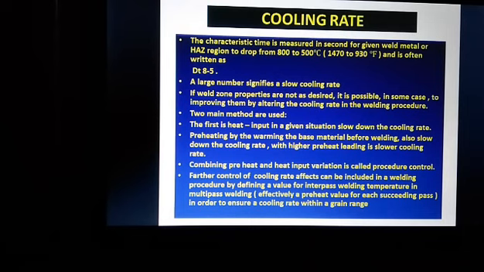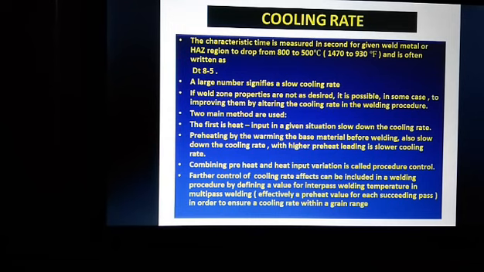If weld zone properties are not as desired, it is possible in some cases to improve them by altering the cooling rate in the welding procedure. Two main methods are used. The first is to increase heat input in a given situation to slow down the cooling rate.